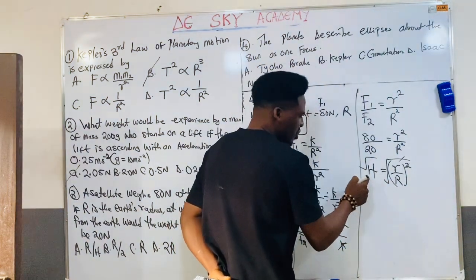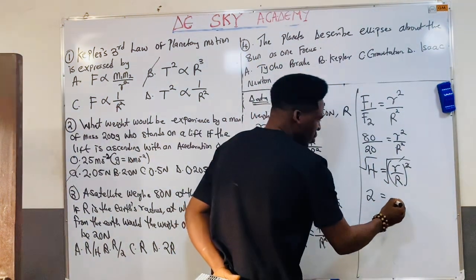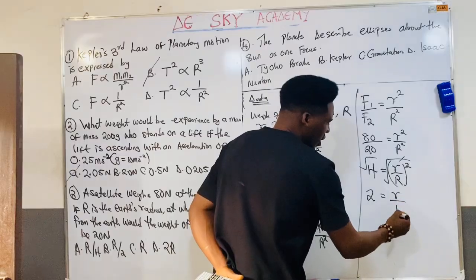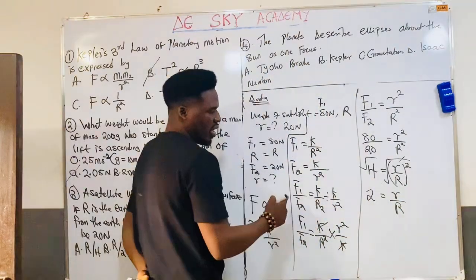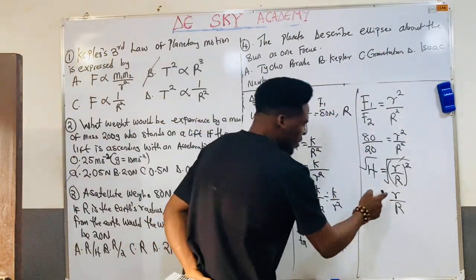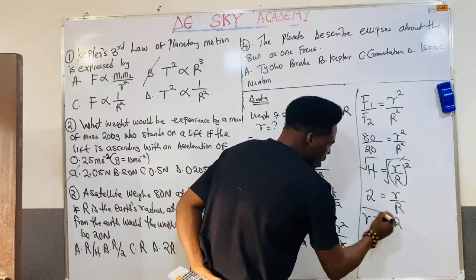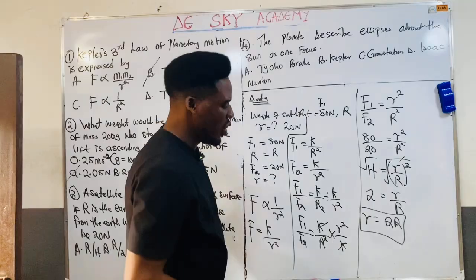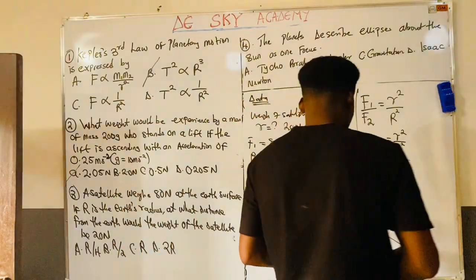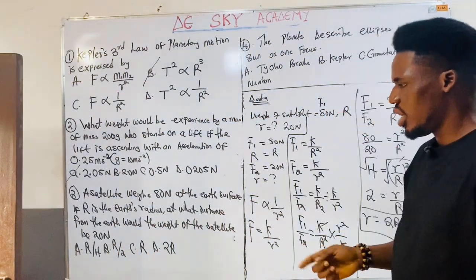I will now have, what's the square root of 4? 2 is equal to r over R. We are looking for this small r, make it the subject of the formula. You now have that r will now be 2R. So the distance when the force is 20 Newton is 2 times the original R.